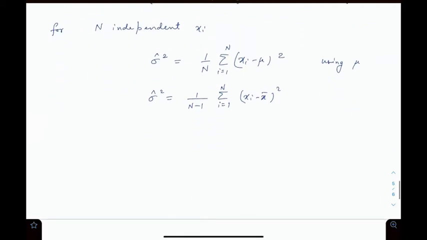We basically used x bar as the arithmetic mean of the random variables.